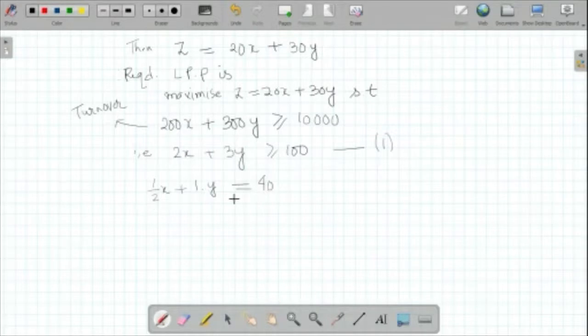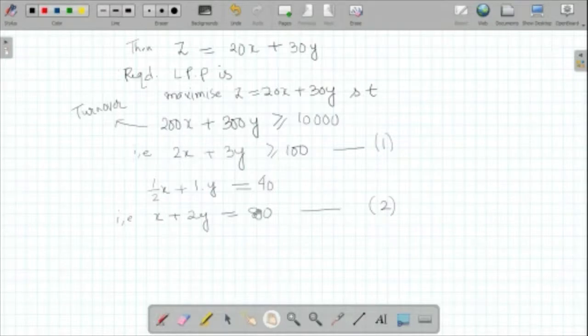Okay, now solving this equation again, multiplying by 2, it will be x plus 2y equals 80. So this is my second equation.